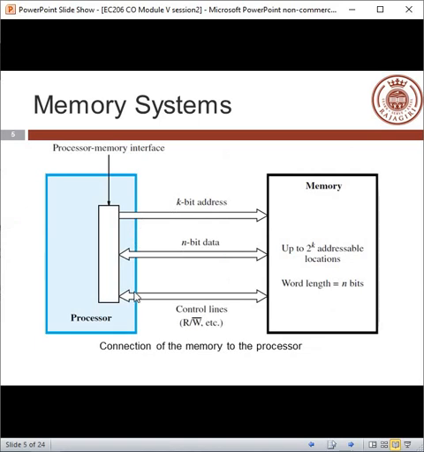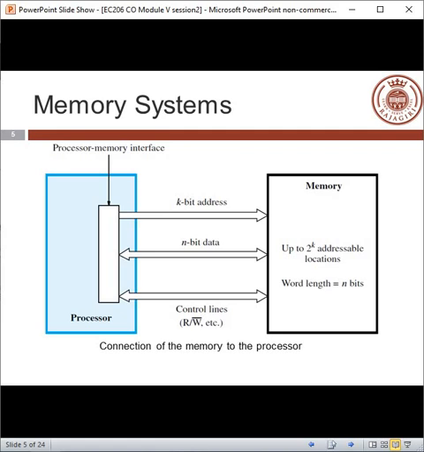Now, when we are interfacing the processor with memory, some conventions are there. Normally, the processor will be sending some k-bit address. A k-bit address means memory can have up to 2 raised to k addressable locations. Now, our data size may be n bits.